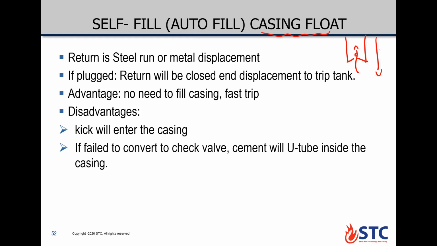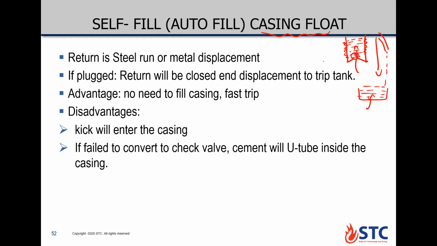So you have a return on the trip tank equal to the metal displacement, only the metal displacement of the casing string. So how to know the self-fill is working properly? You're going to find metal displacement on the trip tank. But how do you know if your self-fill here is blocked? You're going to find close-end displacement, the metal displacement plus the pipe capacity or the casing string capacity.